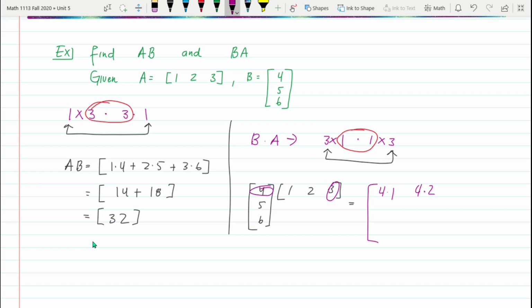The first row times the third column, so 4 times 3. And we move on.